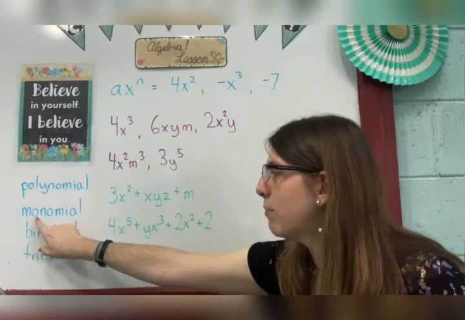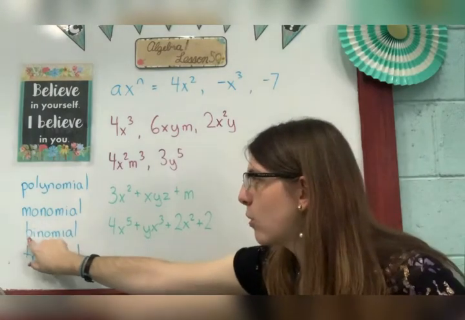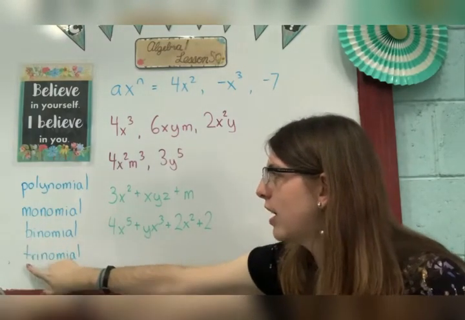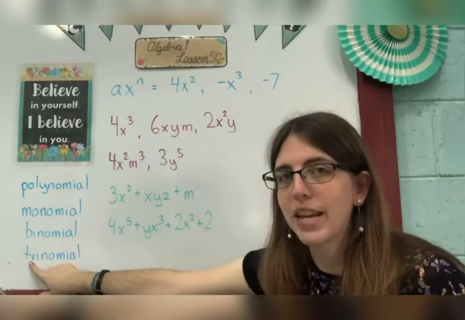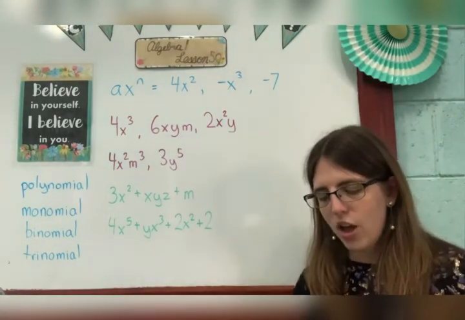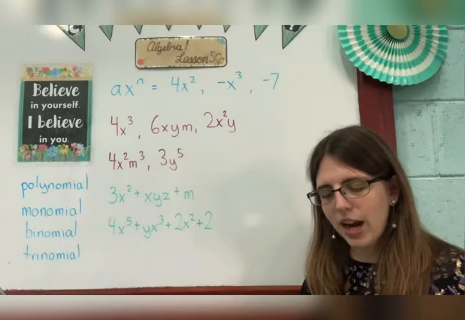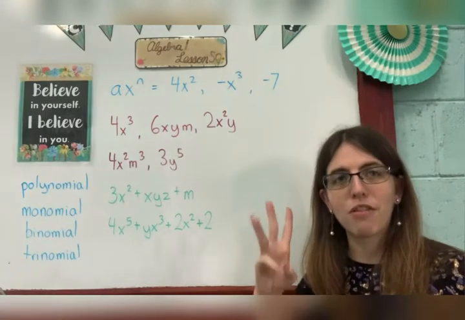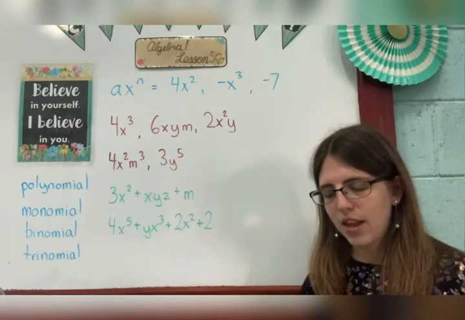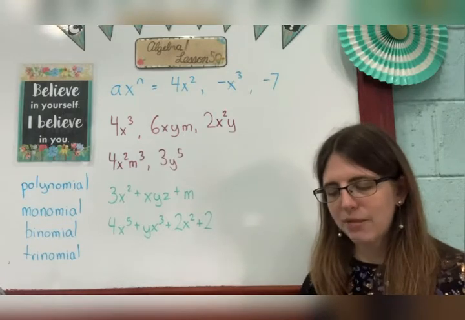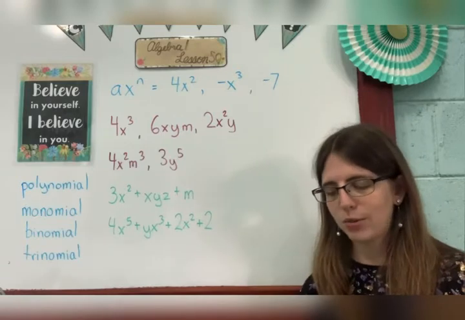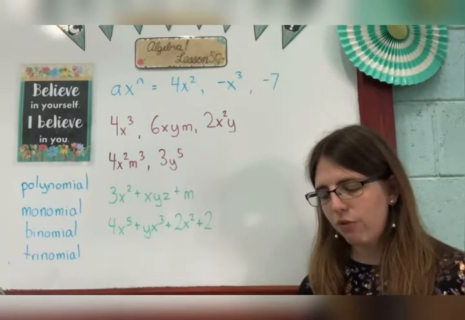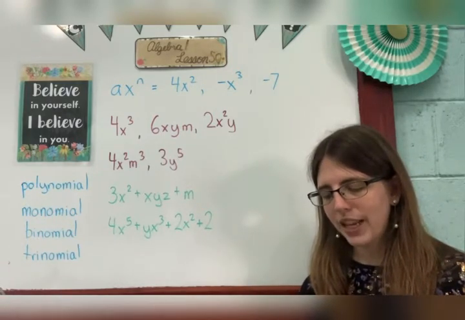So monomial, mono meaning one, binomial, bi meaning two, trinomial, tri meaning three. So three terms for that one. So it shows you A, x squared plus 2x plus 4. You have three terms, trinomial. B, y to the 14th minus 1.6y squared plus 4. Three terms, trinomial. M to the 4th plus 2m minus 1.6.